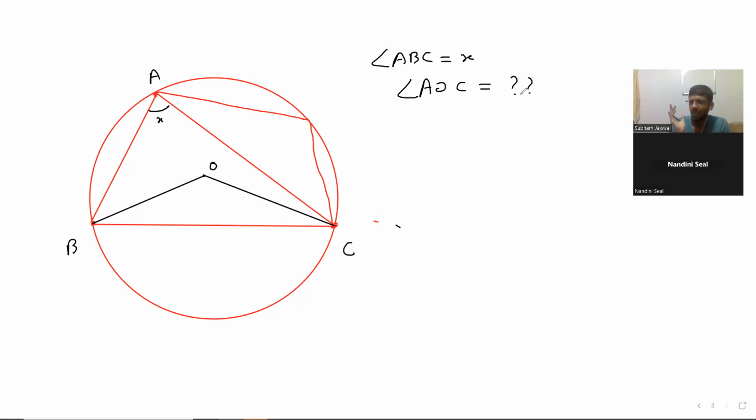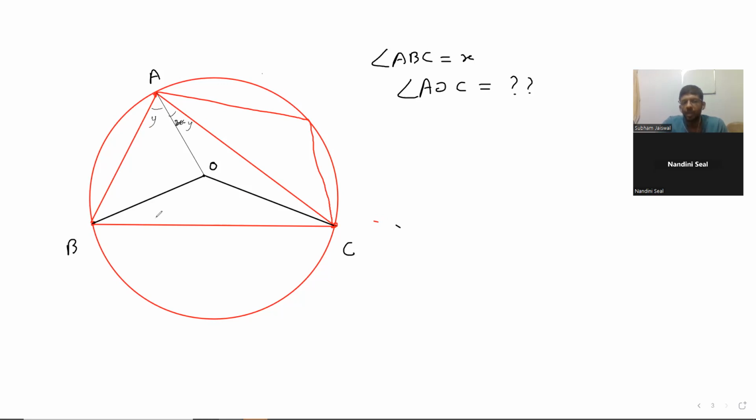A little bit. We want to prove that it is actually double, 2 times x. So how to do it? Again, it's simple. We join this line. Now the whole thing is x, but it's not divided into 2 equal halves. So this could be some y, and this is then just x minus y.